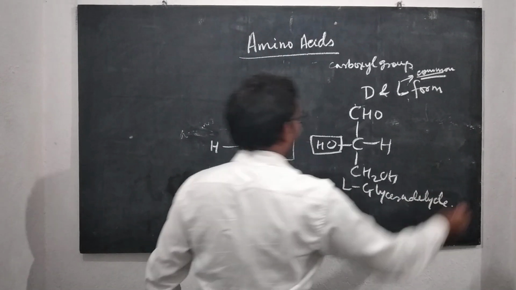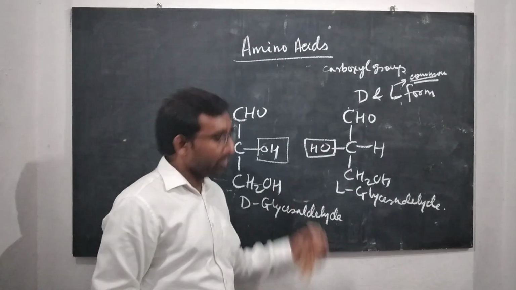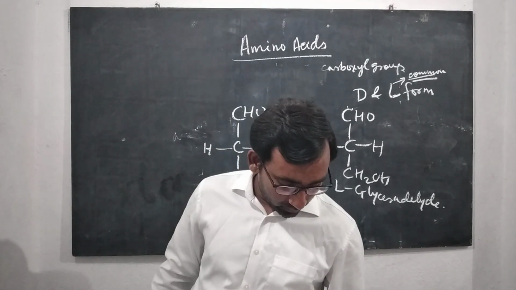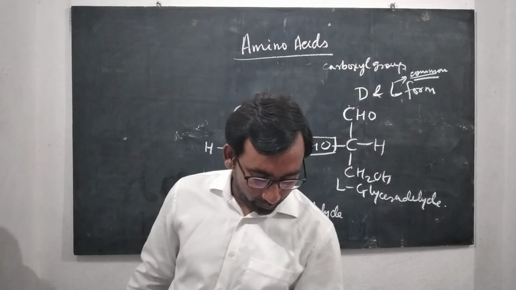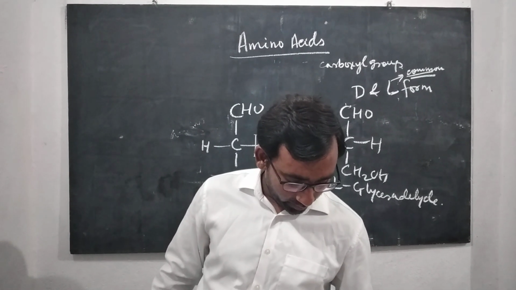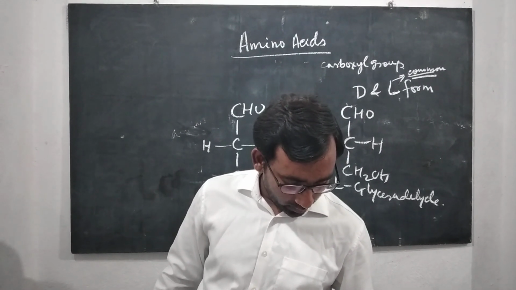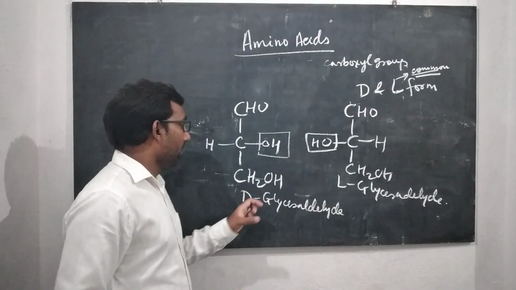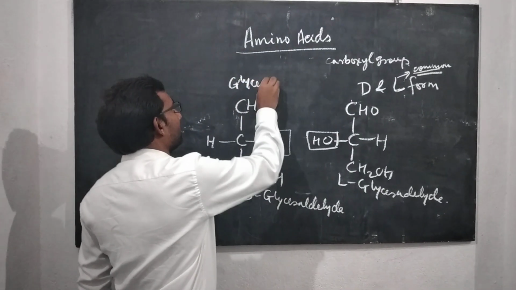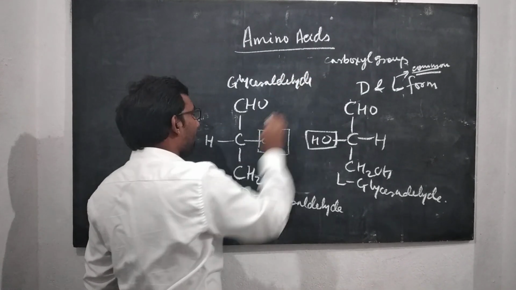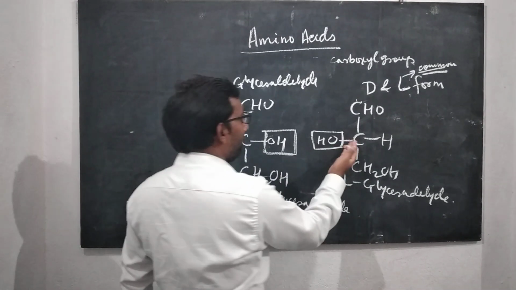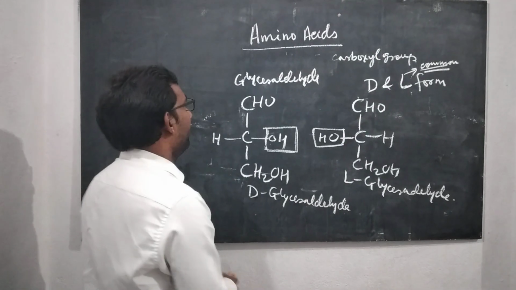So this is by convention that L-amino acids and D-amino acids are based on the convention of Emil Fischer, following the structure of glyceraldehyde. In glyceraldehyde, since OH is on the right side, we call it D-glyceraldehyde, and if OH is on the left side, we call it L-glyceraldehyde.